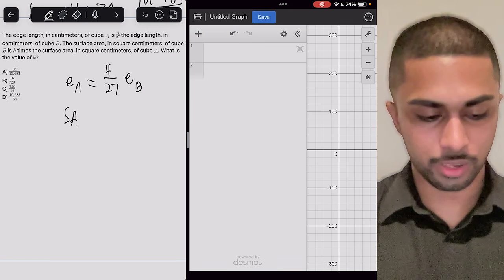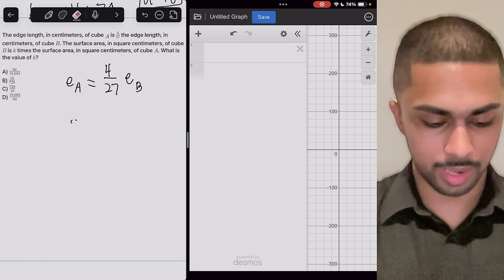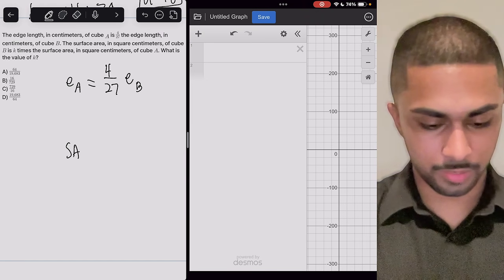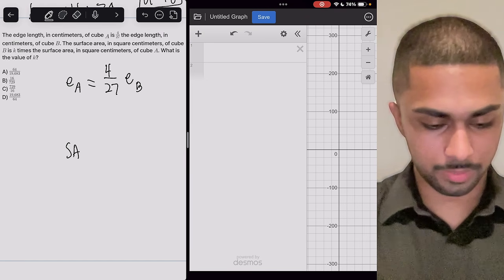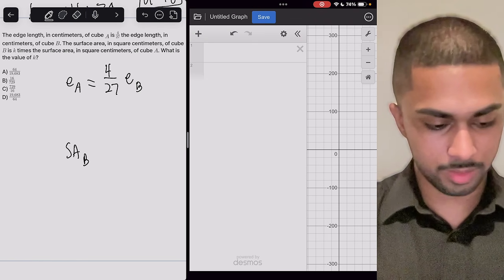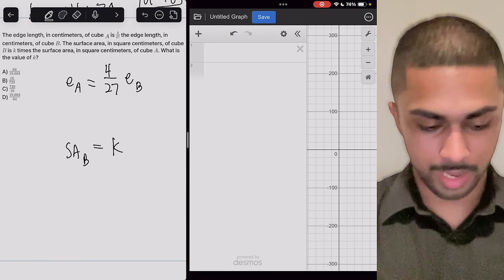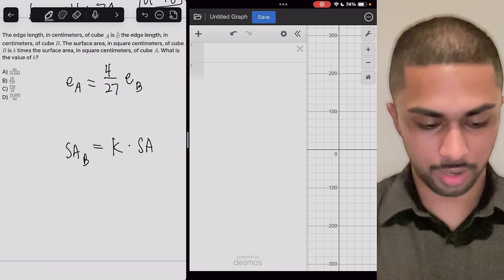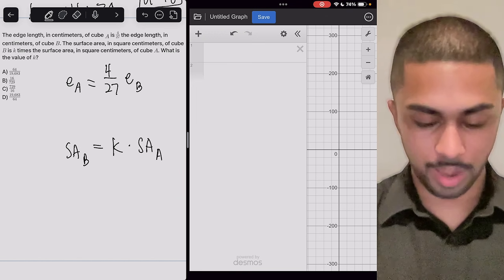Next one, the surface area. Let's put this down here a little bit. The surface area of cube B is K times the surface area of cube A.